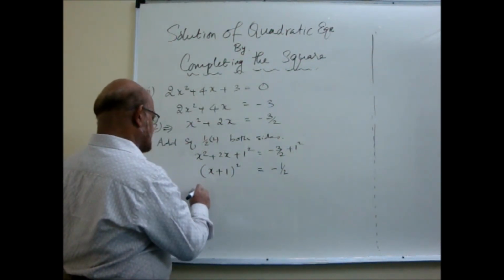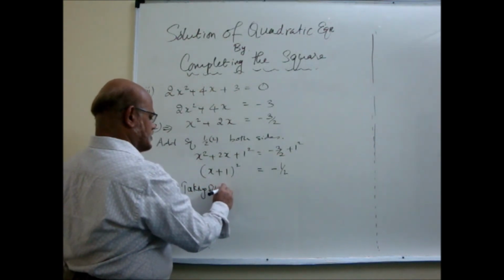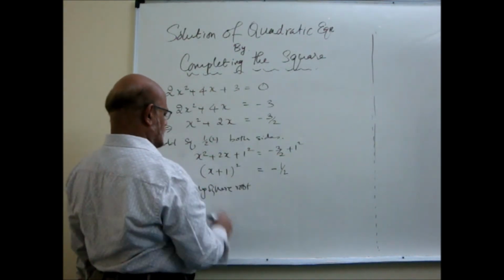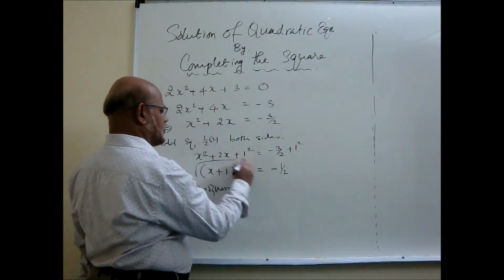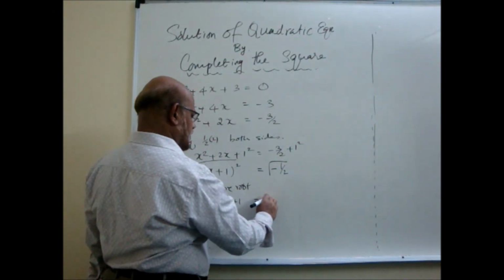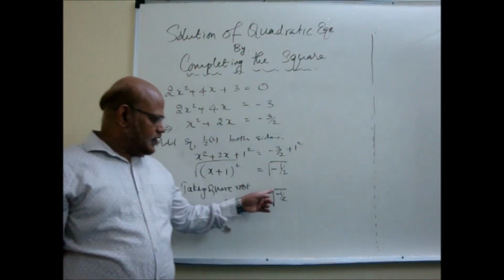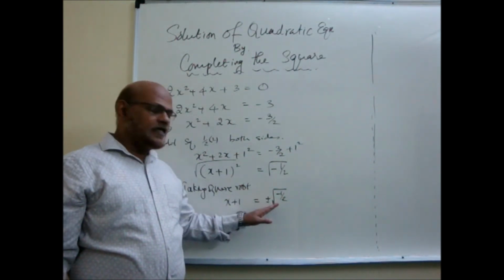This step is very crucial. Taking the square root on both sides. So here what will happen? I take the square root here, here also I take the square root. So here I get x plus 1, and this side I get plus or minus under root minus 1 by 2. See this one. For a negative number, you cannot take a square root.